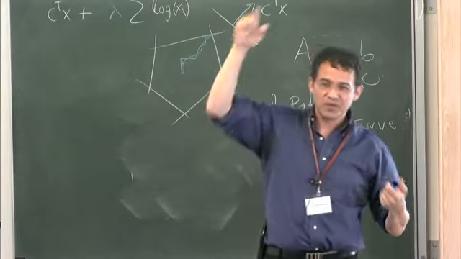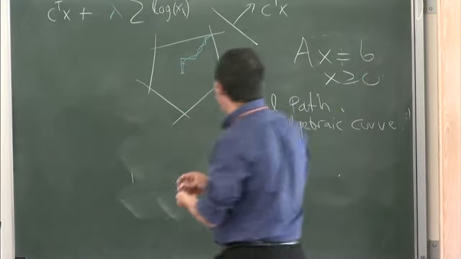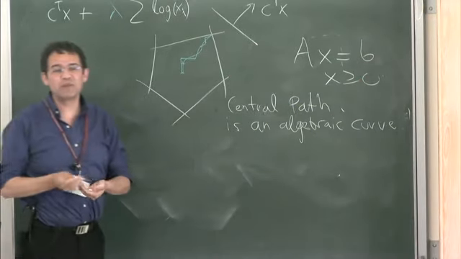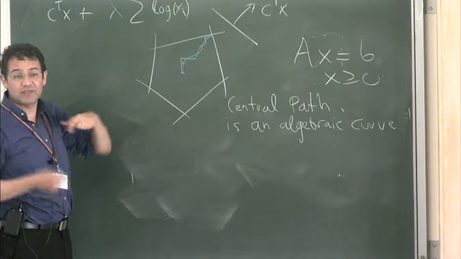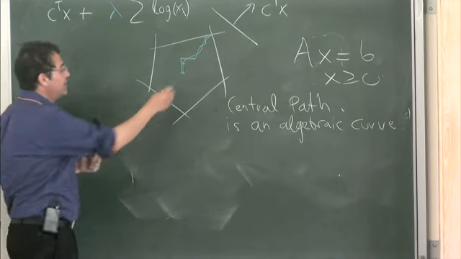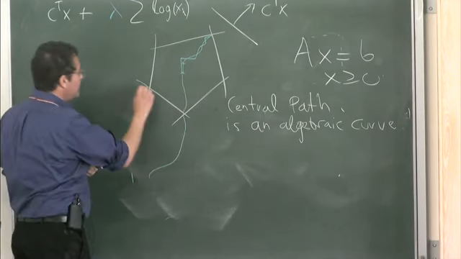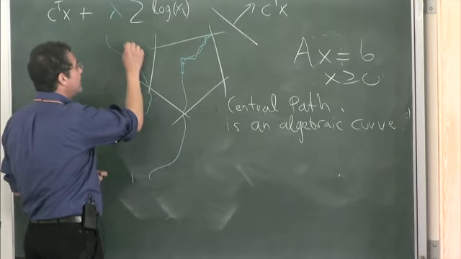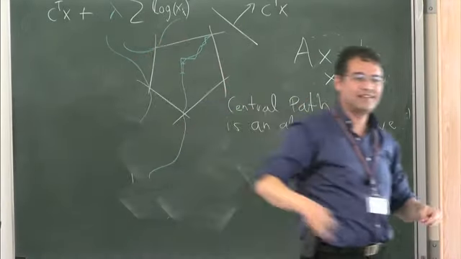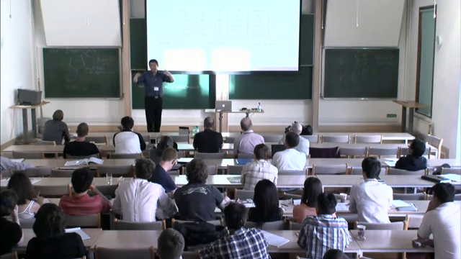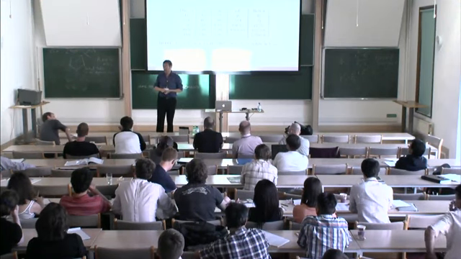Now, I want to send a message to people: people only think about this portion, but if you're an algebraic geometer, the curve continues. In fact, it goes everywhere. It touches every single region of the constraints.